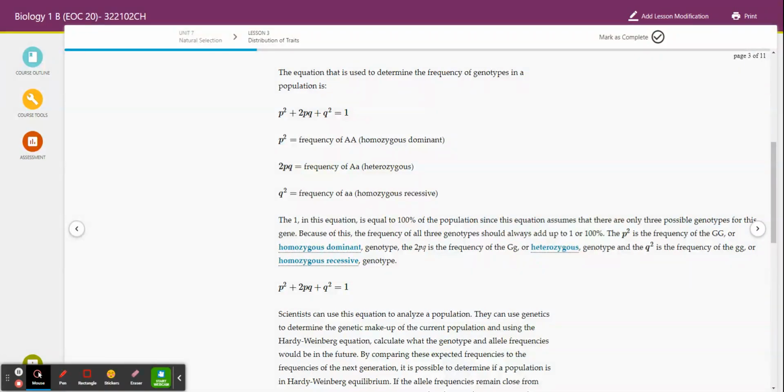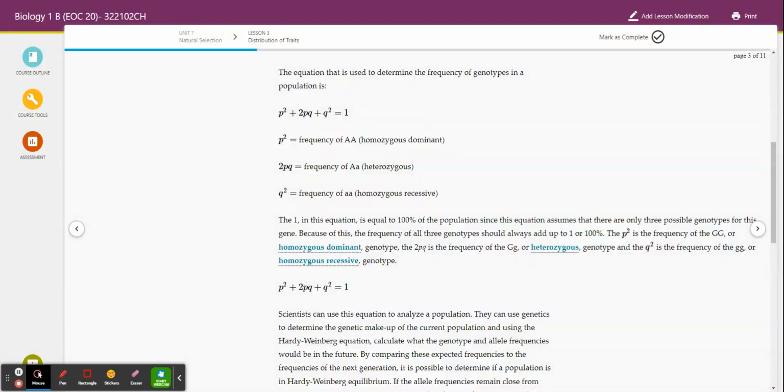The 1 in this equation is equal to 100% of the population, since this equation assumes that there are only 3 possible genotypes for this gene. Because of this, the frequency of all 3 genotypes should always add up to 1, or 100%.